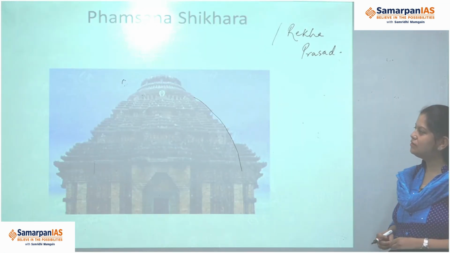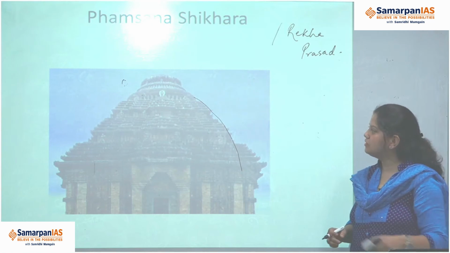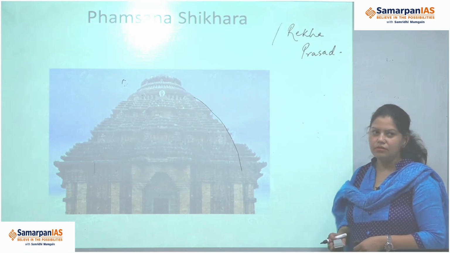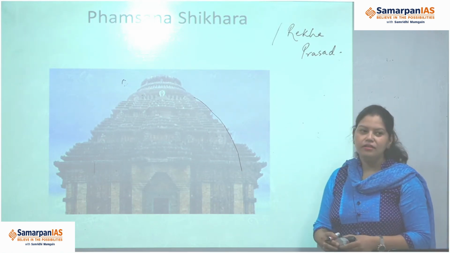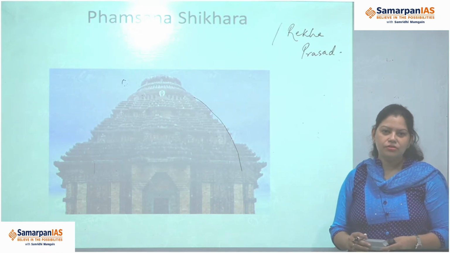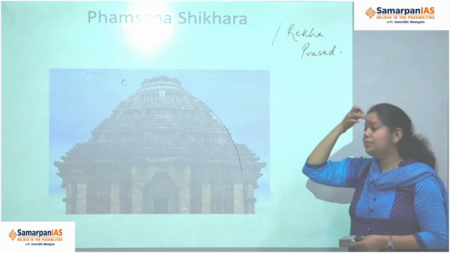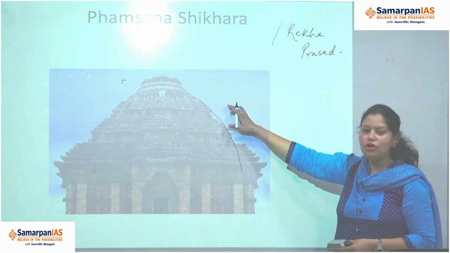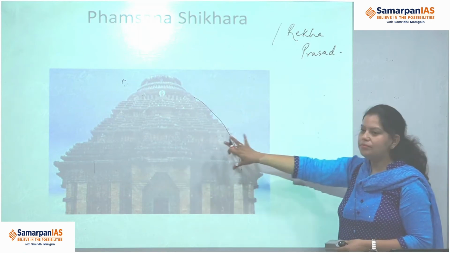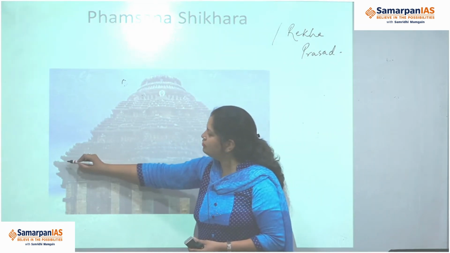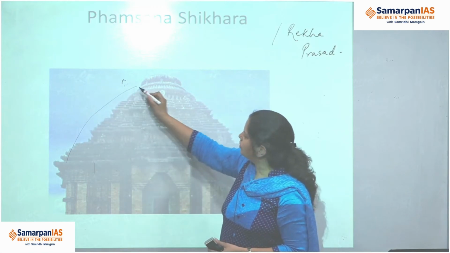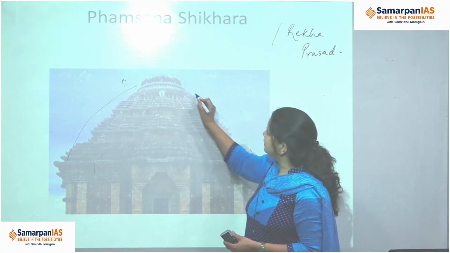What is the difference with the first one? Yes, it is broader and shorter also. Compared to the previous one, the height is short and the base is broader. The previous one was curving inward in this way, in the Latina type.